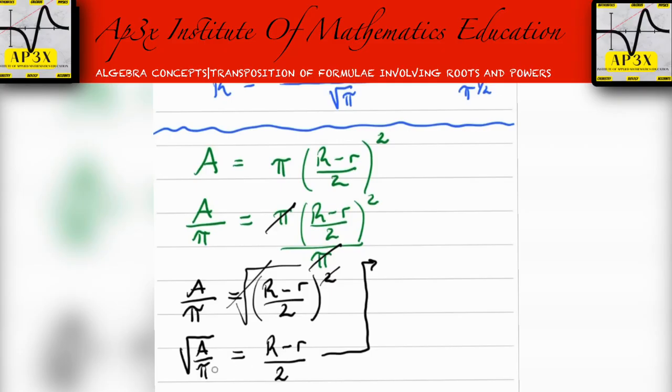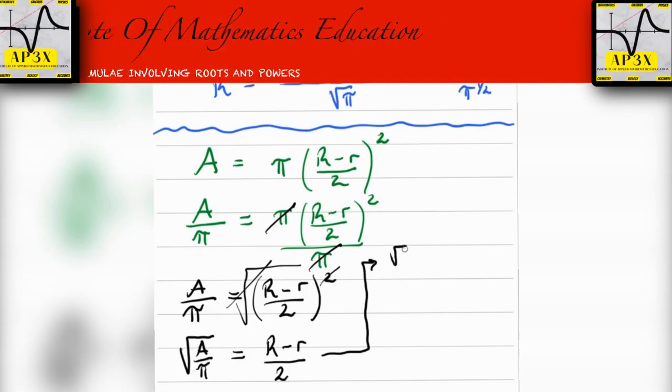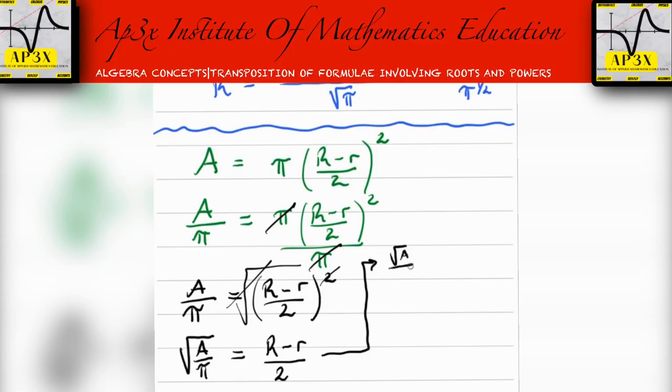So we're going to start off with, say here, the square root of A over pi, which is basically the same thing as the square root of A divided by the square root of pi. And that's going to be equal then to big R minus small r all over 2.